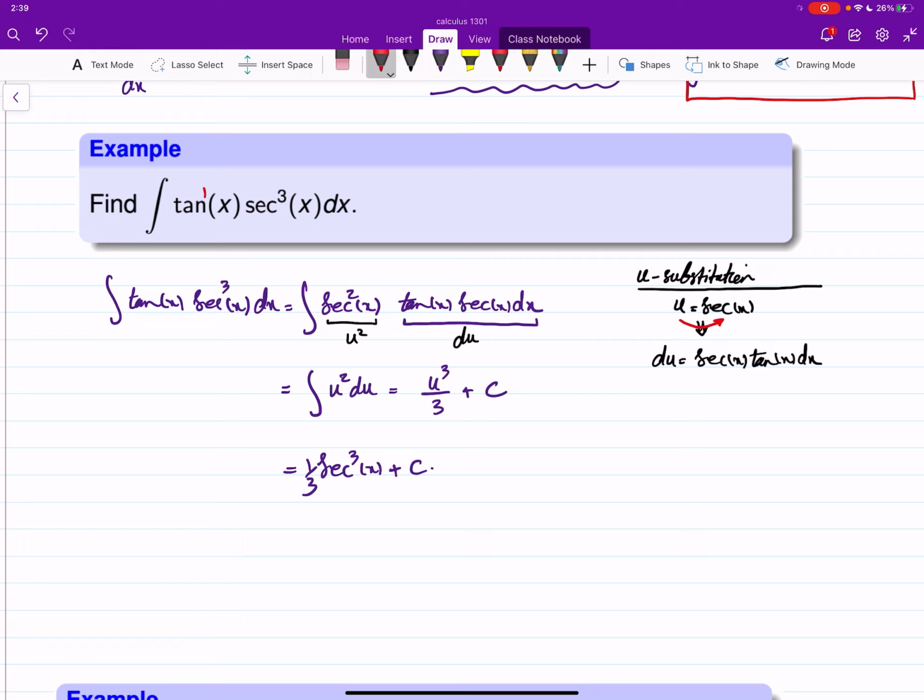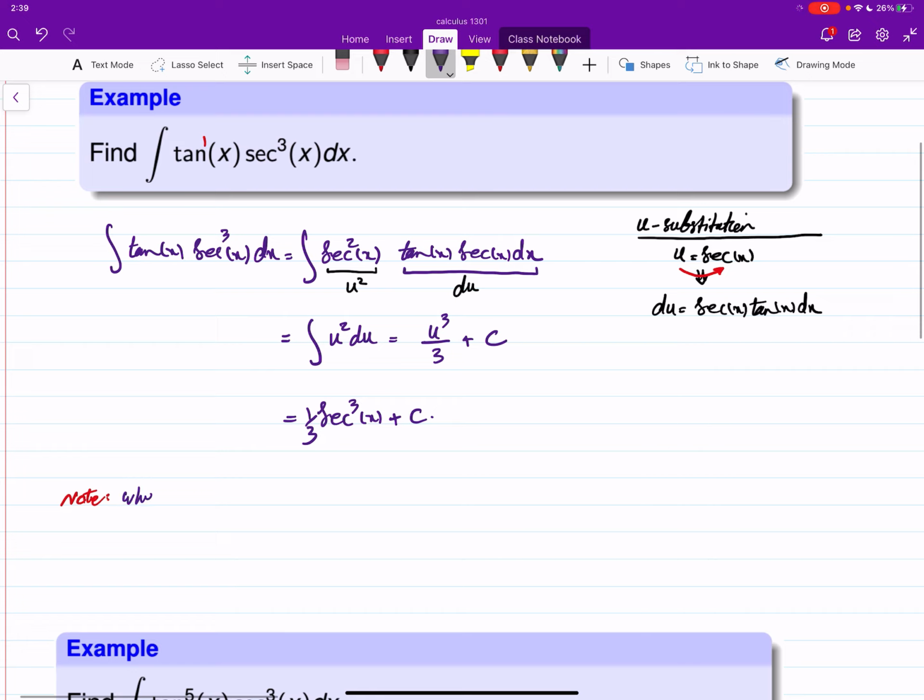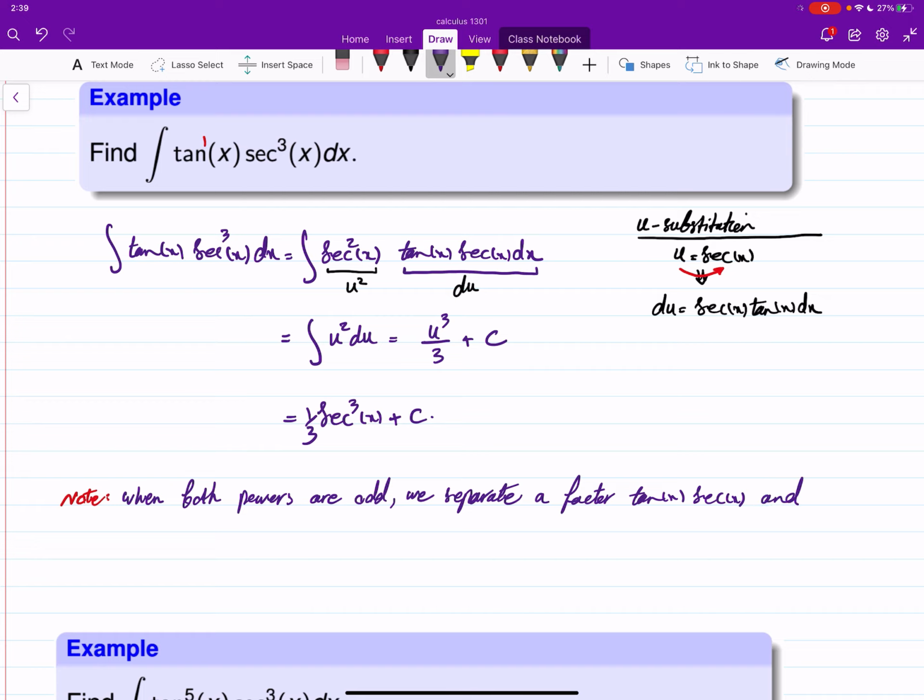So the take-home note here is that when both powers are odd, we can separate a factor tan x, just one power from tan and one power from the secant, and use it to generate du when we set u to be secant x.